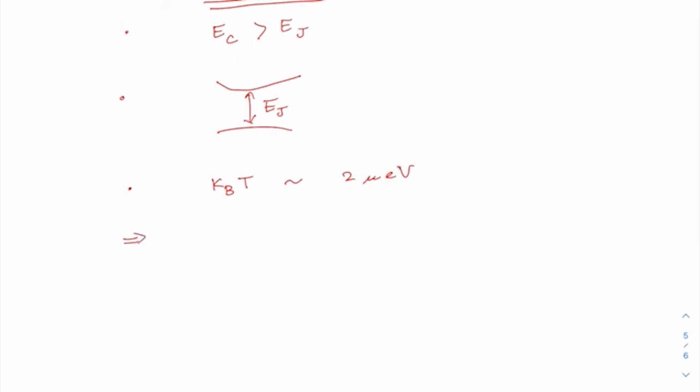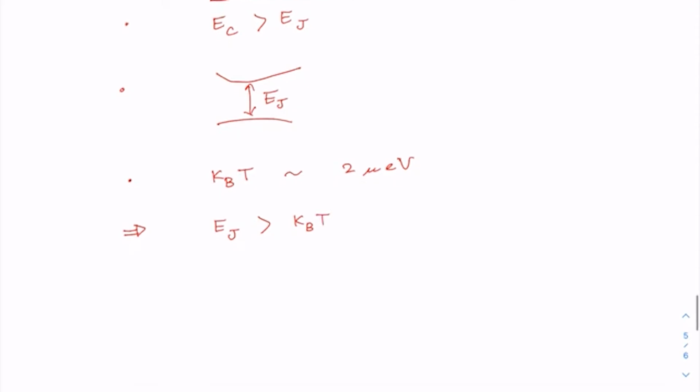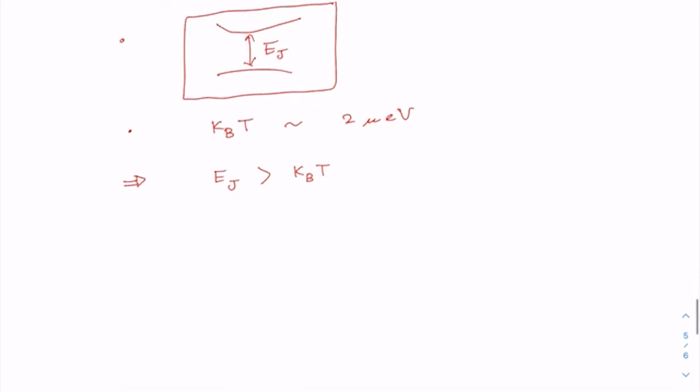This thermal energy is obviously less than the Josephson energy, that is the gap between these two energy levels. So the thermal energy cannot initiate transitions between the energy levels, and that is good because then we can consider this system as a quantum system, and thermal energy is not going to play any unwanted role here.